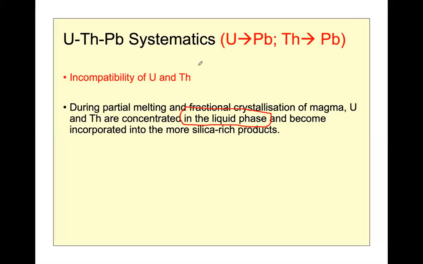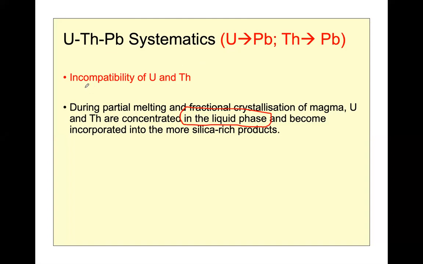Yeah, so the uranium, thorium, lead system incorporates the three elements: uranium, thorium, and lead. Uranium and thorium both decay and form a common lead element.